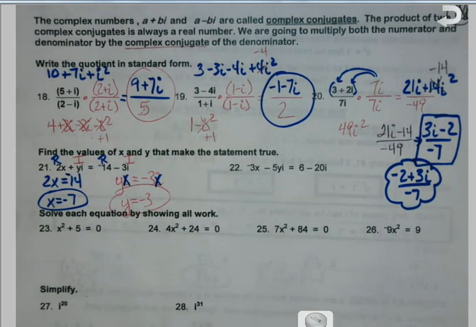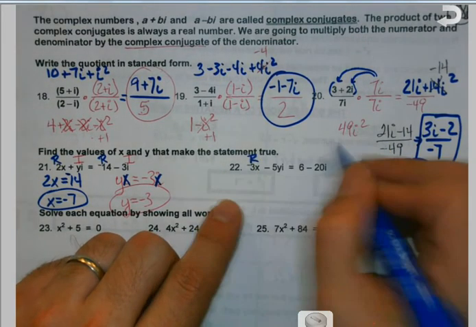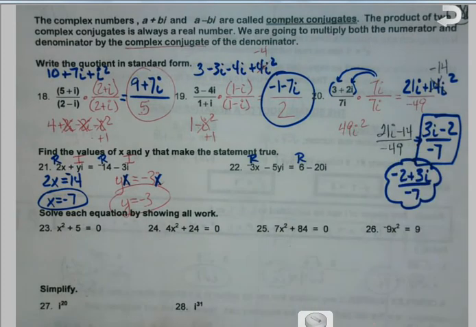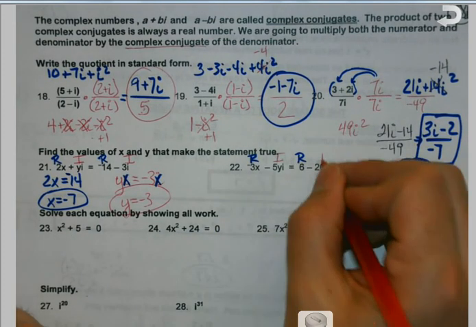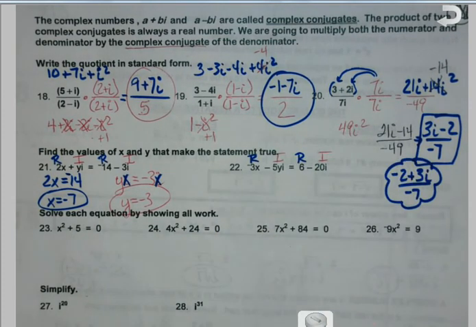I'm good. So again, just divide them into the real parts and into the imaginary parts, set them equal like you would any equation, and then just find your values. So again, nothing too terribly awful working here.